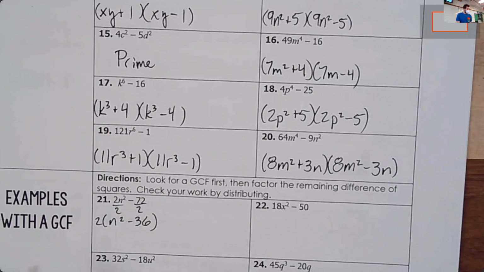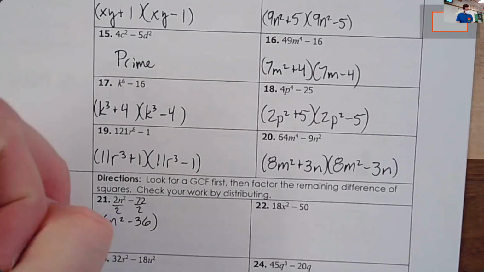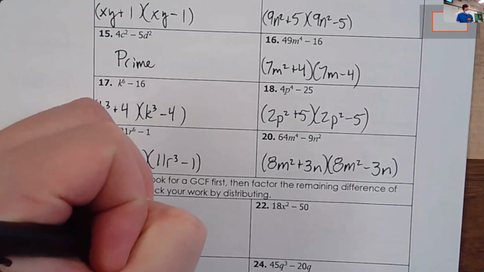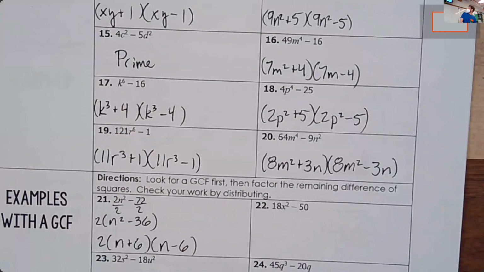Now, if you look here, is this a difference of squares? Can you multiply something by itself to equal 36? Yeah, so this will be 2, and then n plus 6 times n minus 6. That'll be our answer for number 21.